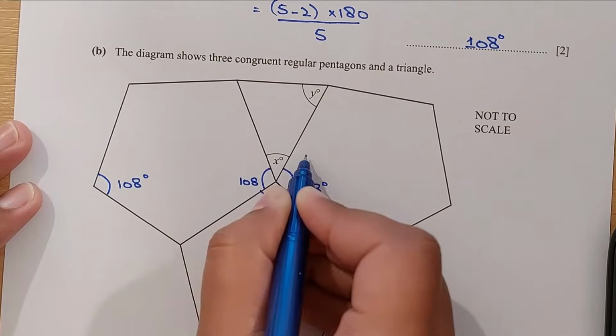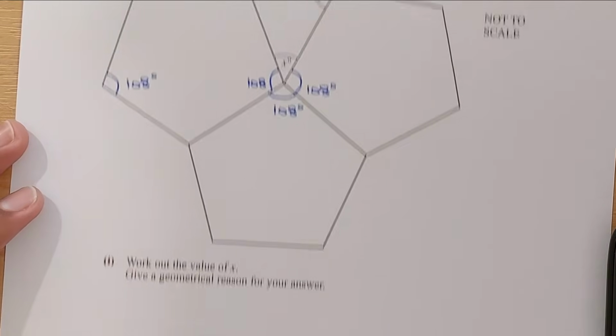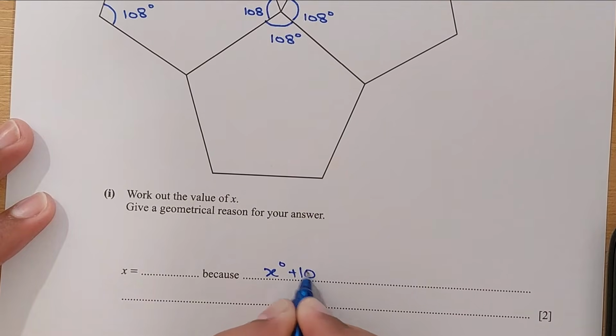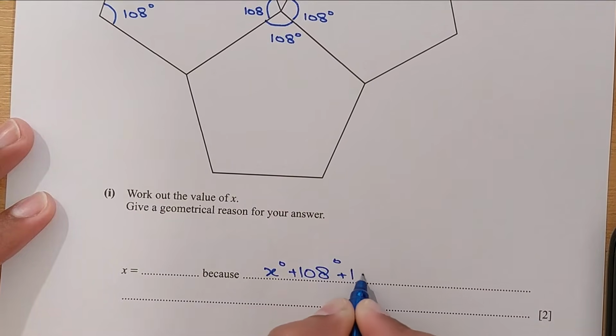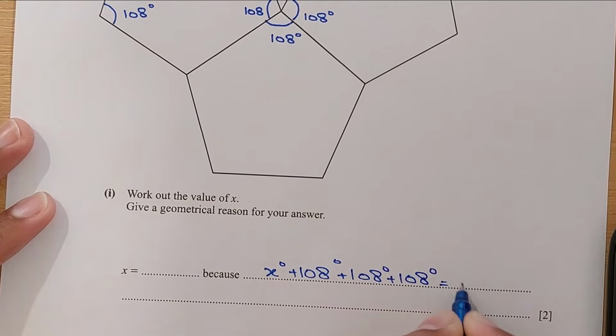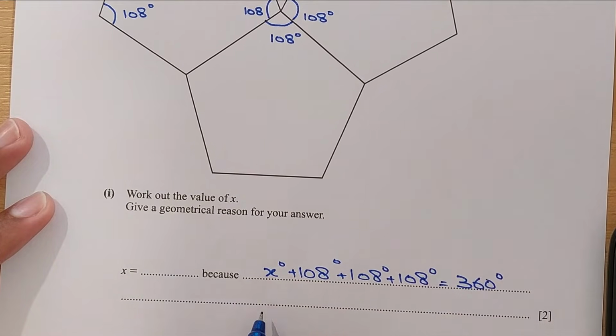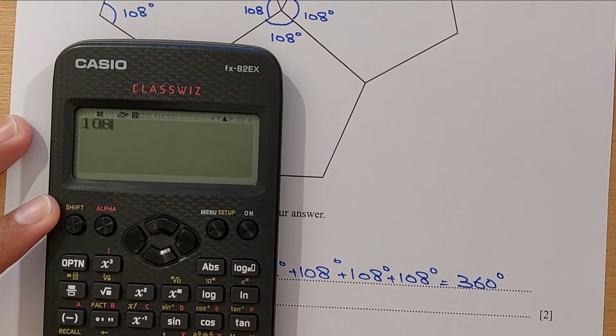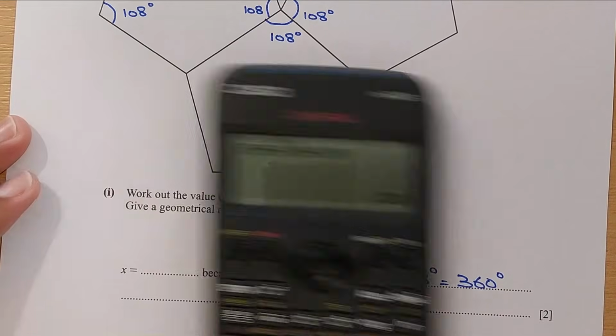And the complete circle is 360 degrees, right? So when we do x degrees plus 108 plus 108 plus 108, this equals 360, and we can easily find the value of x. So we have 108 plus 108 plus 108, that is 324.